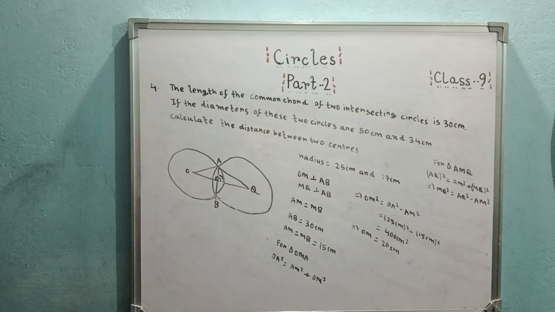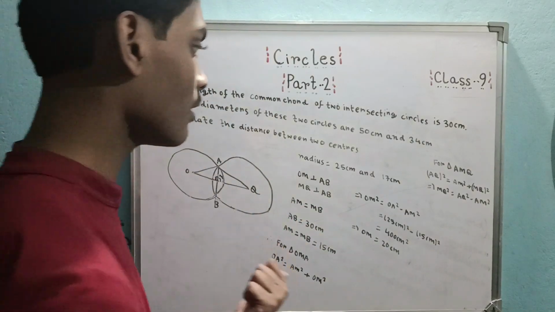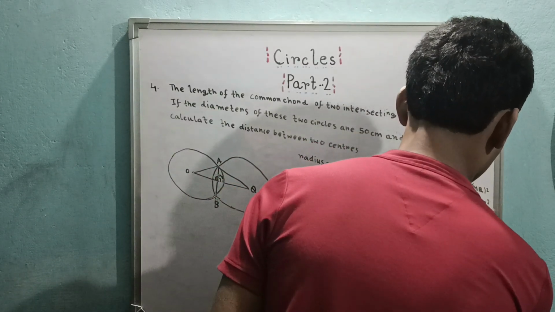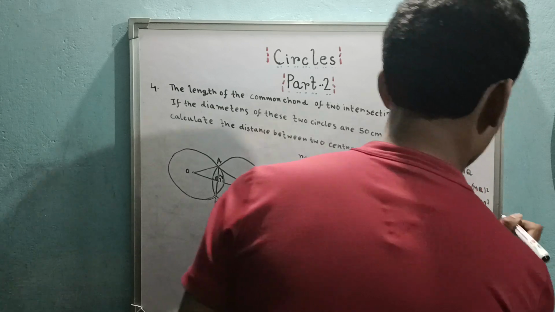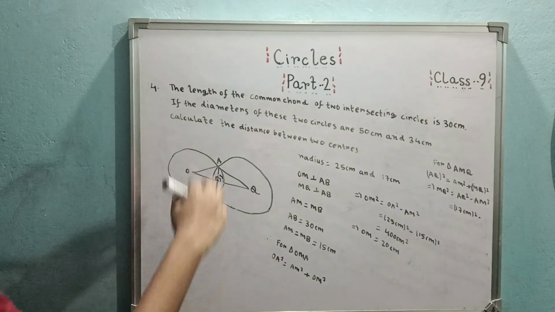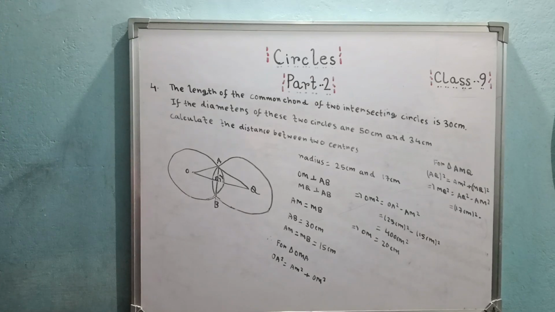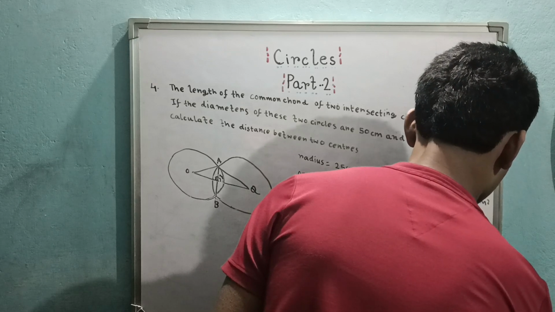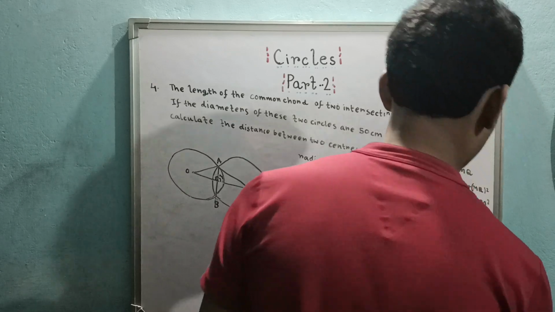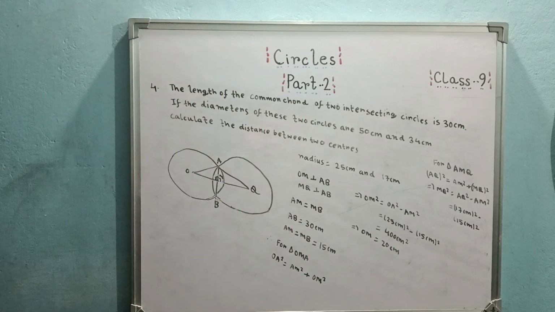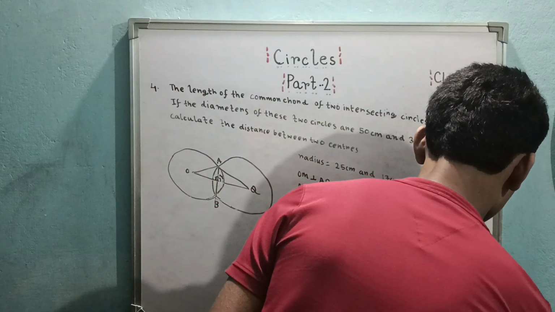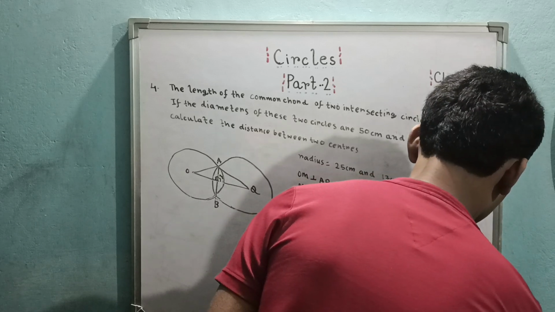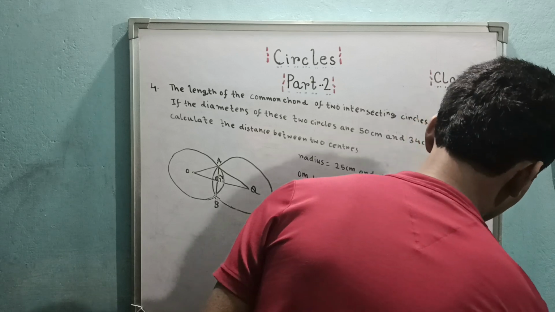AQ is the radius of the second circle, that is 17 centimeter, minus AM, which is half of AB, 15 centimeter. If you calculate this, 289 minus 225, it is 64 centimeter square. Therefore, MQ equal to root 64, which is 8 centimeter.